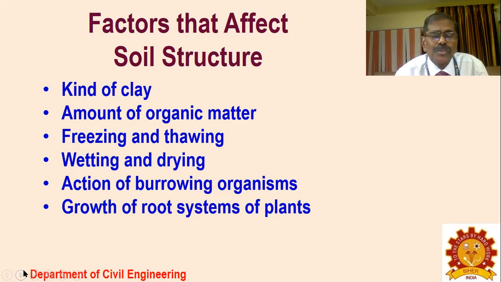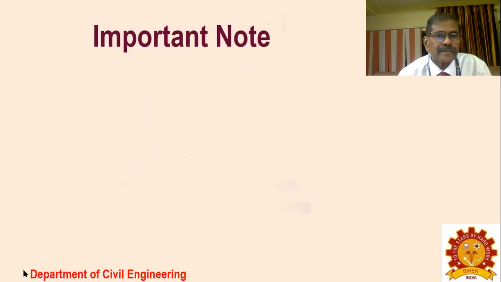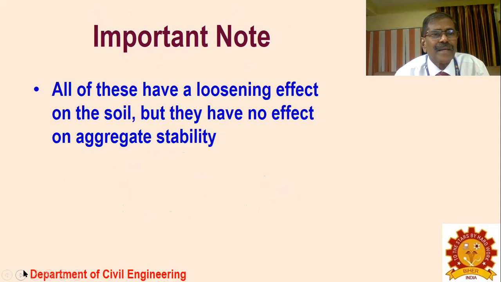Growth of root systems of the plant is what I just explained, along with burrowing by organisms, and the same action is applicable for the vegetation of the root systems and plants. One important note here on soil structure is that all of these have a loosening effect on the soil, but they have no effect on aggregate stability.